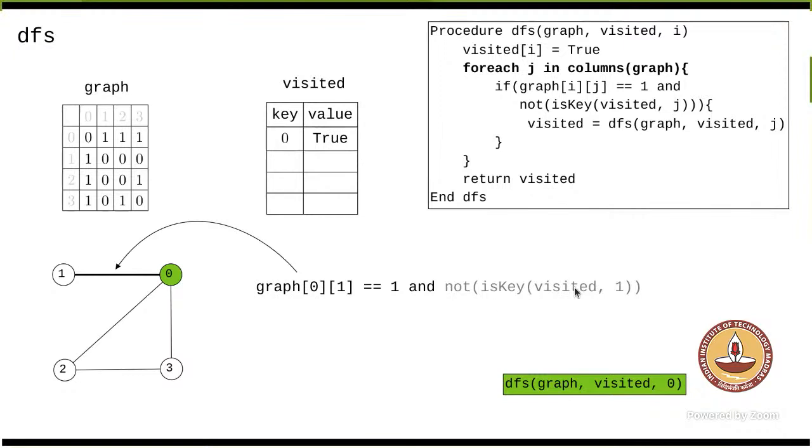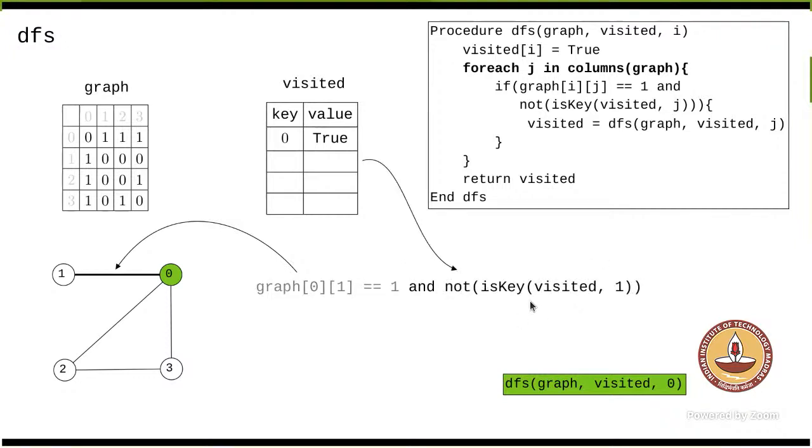So is key of visited comma 1 is asking the question, is 1 a key of visited? No, this is not a key. So is key of visited comma 1 will be false, because it's not a key. So not of false will be true, right?